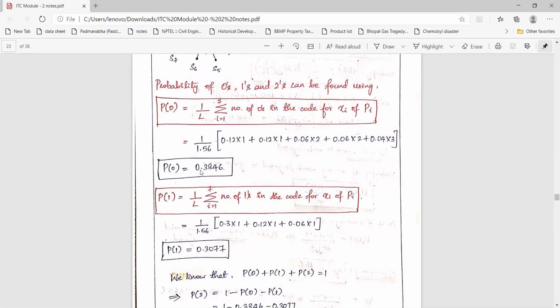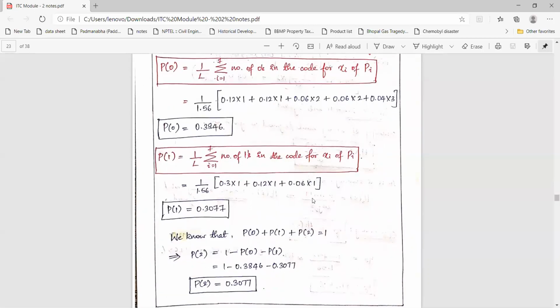We have found out the probability value of 0 and probability of 1. Next we will have to calculate the probability of 2, right? Since there are only three probabilities, the sum of these three probabilities will be equal to 1. The maximum value of probability is 1. So we'll write P of 0 plus P of 1 plus P of 2 as equal to 1.